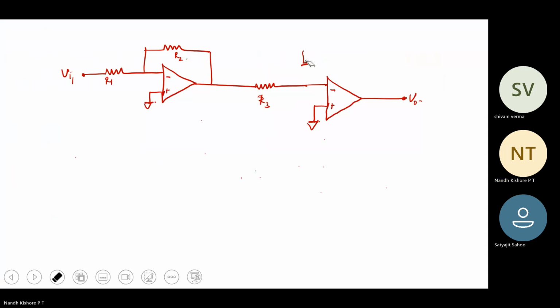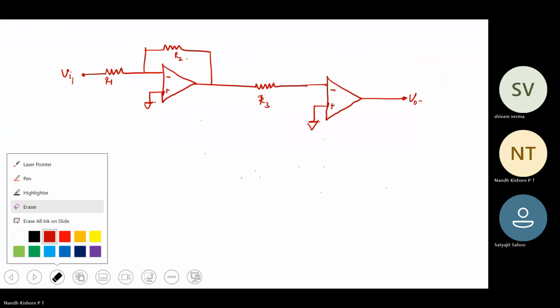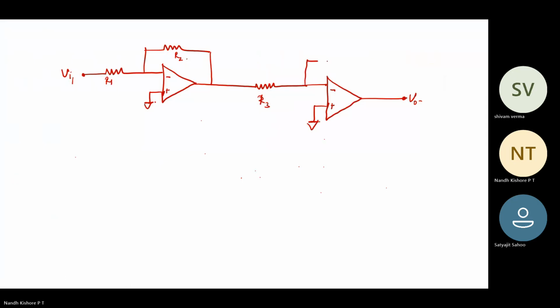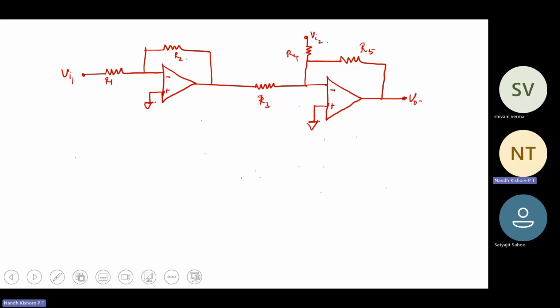And this is your R5. This is your R4. This is your Vi2. And we said that this can be denoted as Vx.